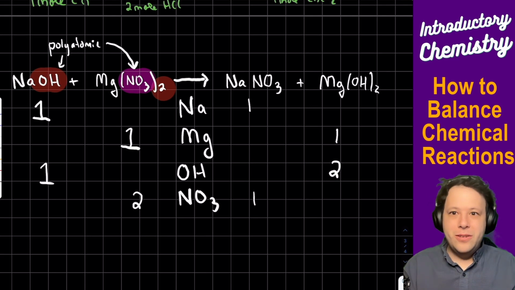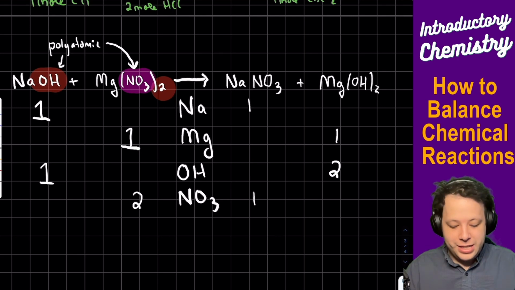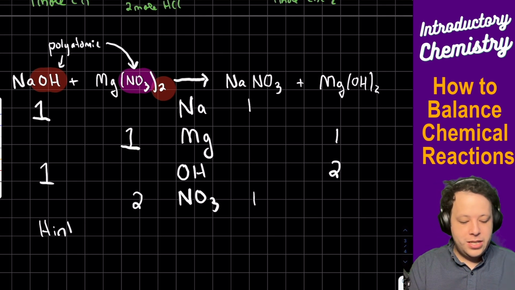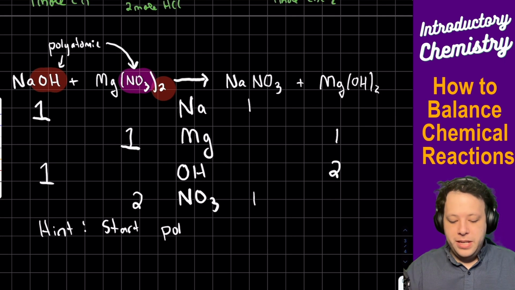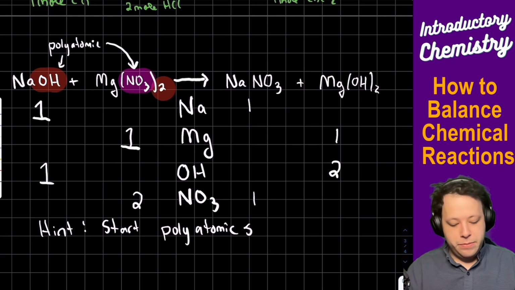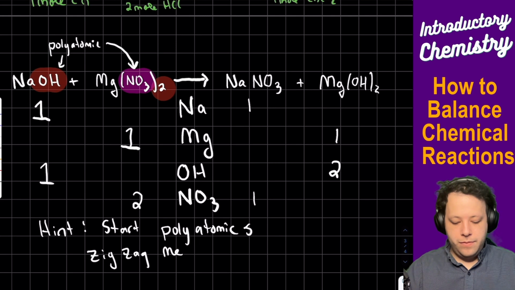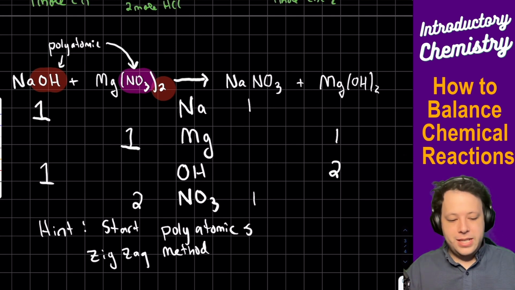Okay, how can we go through and balance these? The first way to balance these is to start with the polyatomics. What we're going to be doing is what I refer to as the zigzag method. So how does that start?